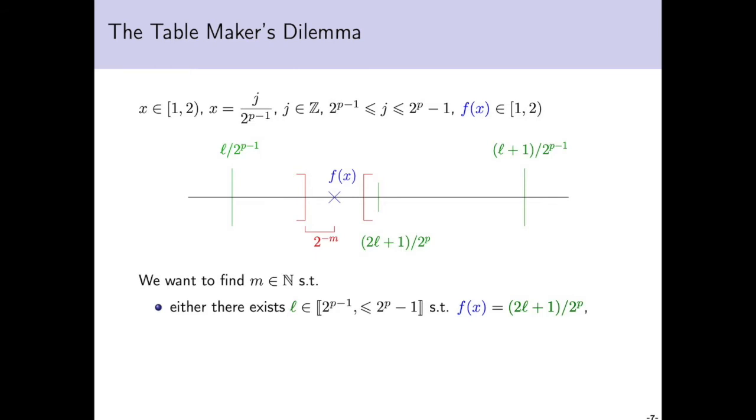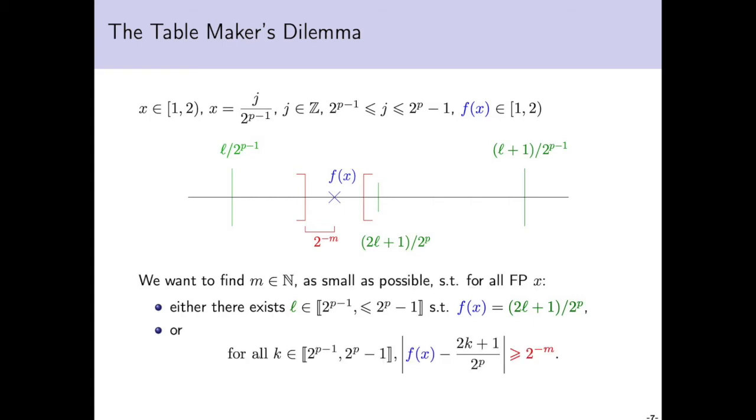We want to find an epsilon such that either f of x is exactly the breakpoint, or for all k in this interval, the distance of f of x to the breakpoints is at least 2 to the minus m. And as I told you, we want m to be as small as possible.